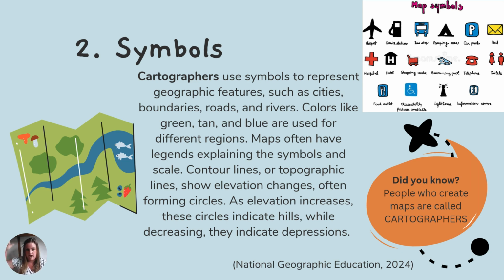Obviously, the darker brown would be the highest, and the lightest brown would be the lowest. As elevation increases, these circles are usually indicated by squiggly circles, indicating hills, while decreasing, they indicate depressions, which means your low-lying areas.